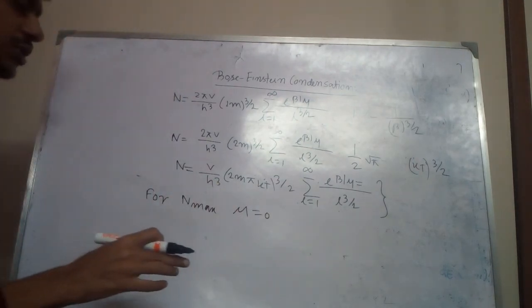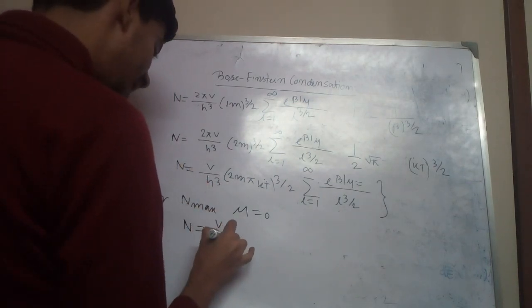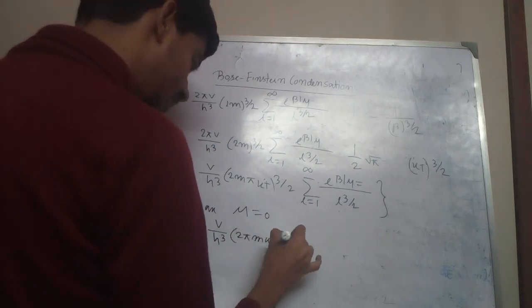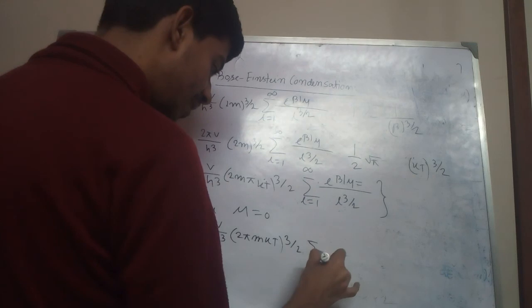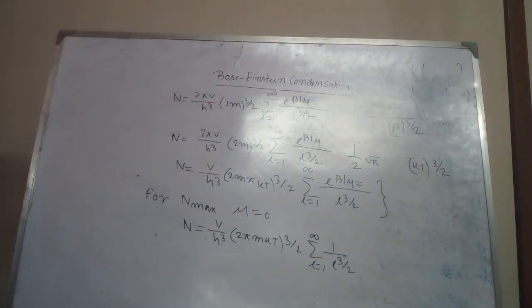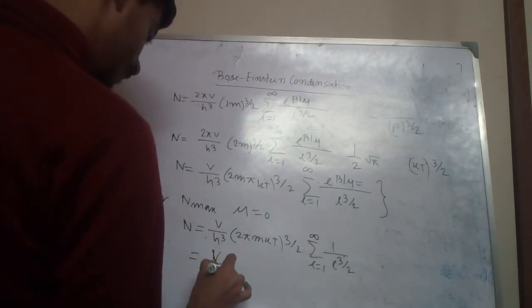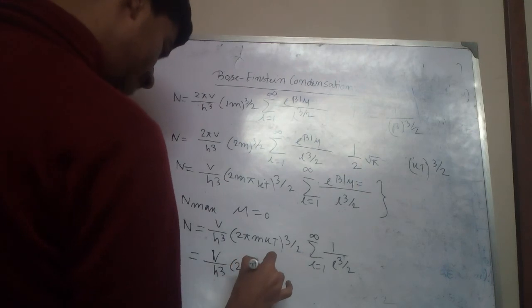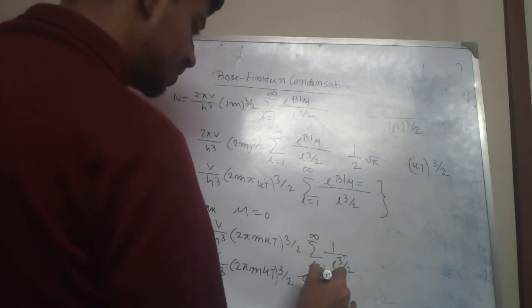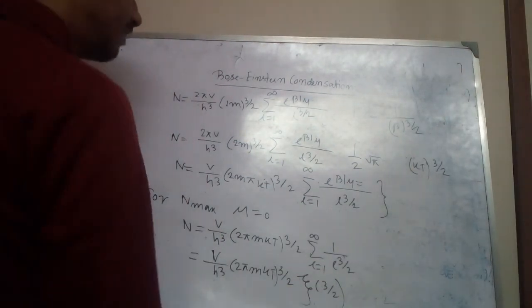If mu is 0, then N max will be V by h cubed (2 pi m kT) whole to the power 3 by 2, sum with L running from 1 to infinity of 1 by L to the power 3 by 2. This is the Riemann zeta function of 3 by 2.